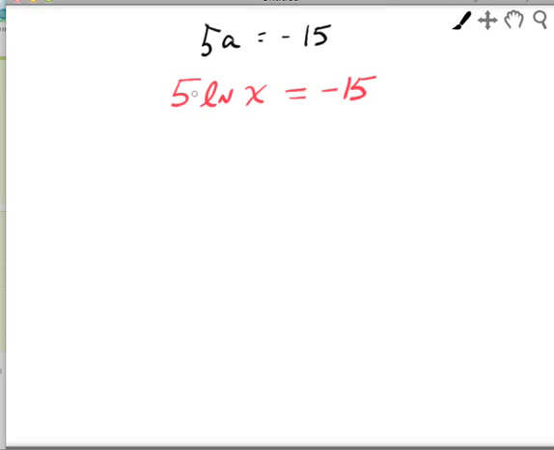Well, the same thing here. Basically, I have 5 times the natural log, and to isolate it, I am going to divide both sides by 5. Now the 5's cancel here, and I'm left with the natural log of x, which I'll write in more detail like this, more conventionally like this. Log to the base e of x is equal to negative 3.